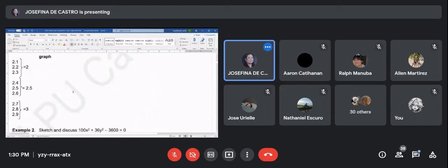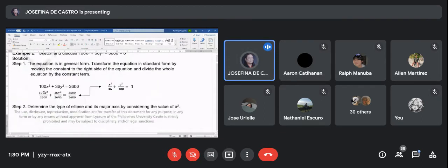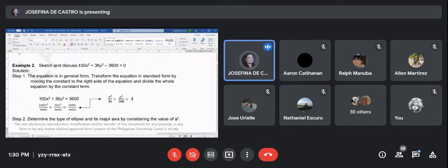129. If in case your equation is in general form, to change that to standard form, I simply transpose the constant on the right side. Lipat mo yung 3,600.